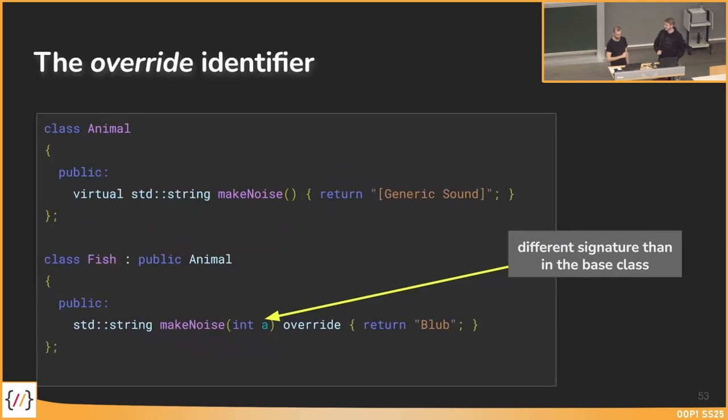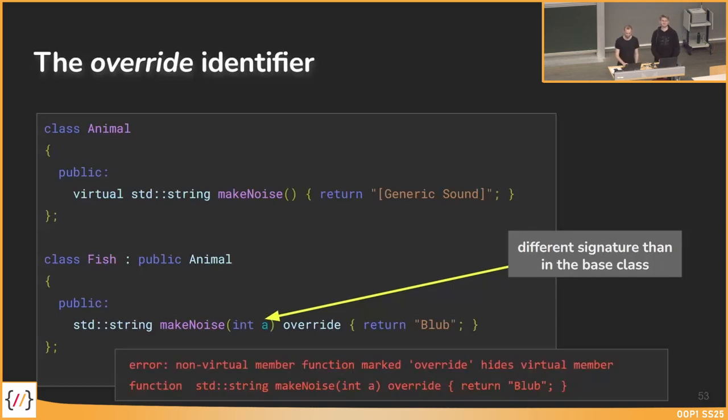Once again, for example, you change the signature in the derived class and say, okay, now I want to have a parameter in this make sound for whatever reason, or I created it without parameters and you want to add a parameter. Now we would get an error, because it says this make noise is not the same as that make noise, because it's now another function signature, since the parameters are also included in the signature.